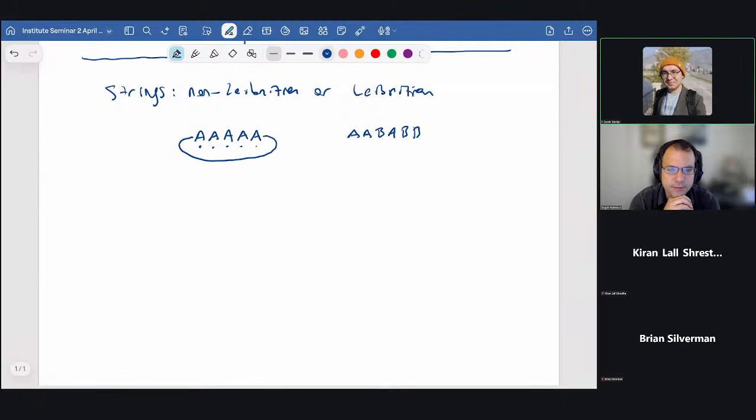In order to compare the neighborhoods of two characters, we need two characters of the same type. For example, if we compare A and B, they are already distinguished at the zeroth level, so it's enough that we compare letters of the same type. Let's consider this one and this one.